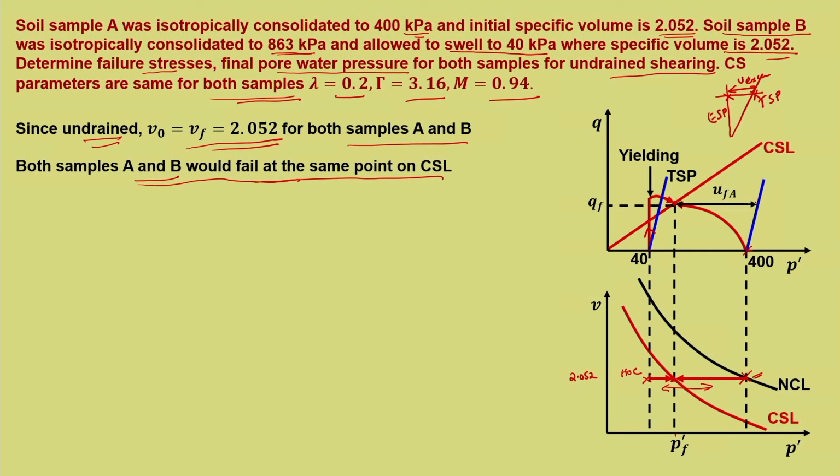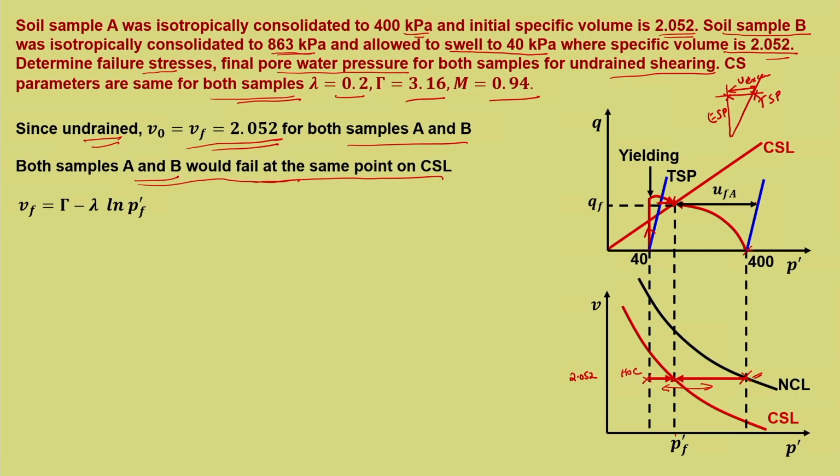From here this difference will give u f of A, that is the final pore water pressure of sample A. I cannot mark for B because it is very clumsy, but it is already discussed in the lecture. It is the point between this and this, if you draw a horizontal line. So, it will be this total minus effective, again the same as what we have for u f A.